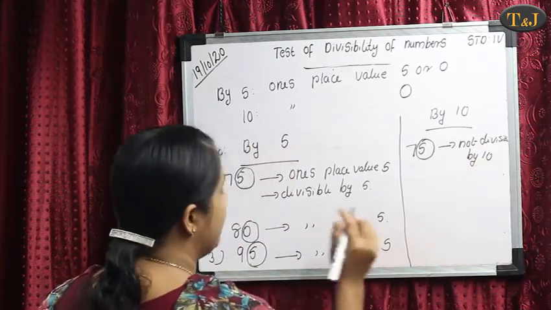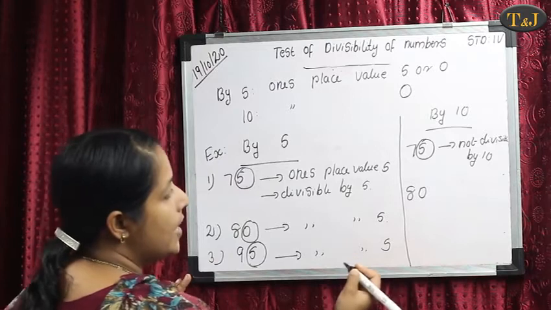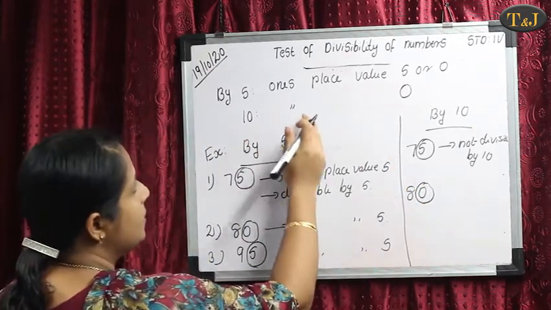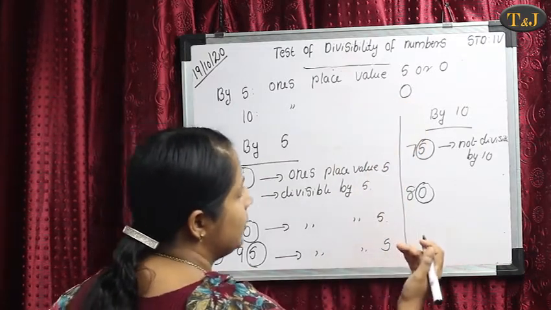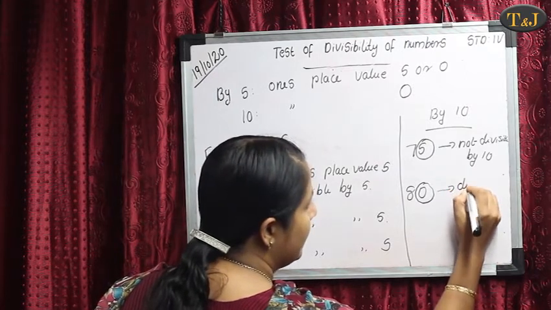Then our next example, take the number 80. The ones place value is 0, so it is divisible by 10. So the number 80 is divisible by 10.